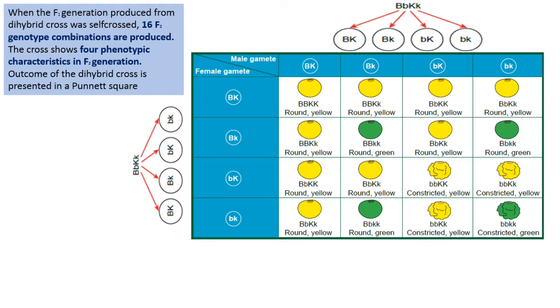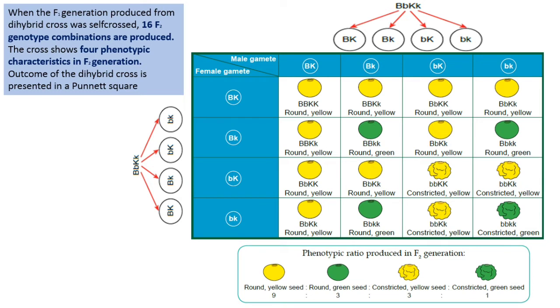About the ratio, this is the phenotypic ratio produced in the F2 generation. 9 round and yellow. We can see here: 1, 2, 3, 4, 5, 6, 7, 8, 9 round and yellow. And 3 round and green seed: 1, 2, and 3.